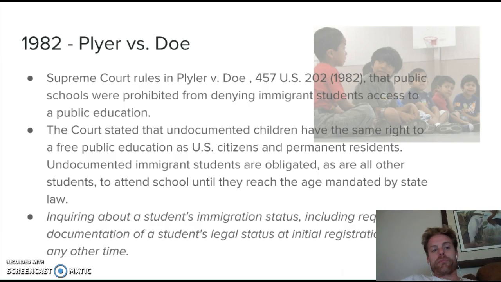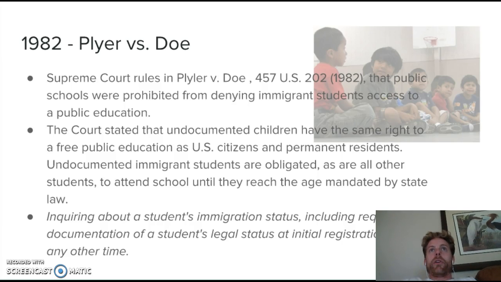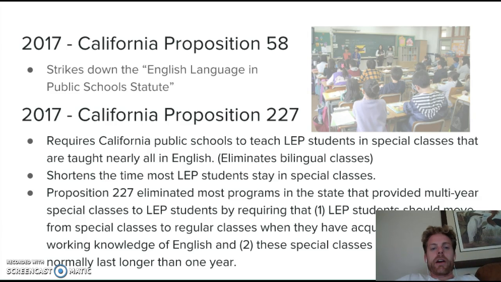So these are five basic events, different legislation elements that have taken place in U.S. history that regard equity or students' ability, especially students who are often marginalized, to gain access to education. Now, there's also many different state level kind of approaches. Recently, we've had California Proposition 58, which strikes down the previous Proposition 227.